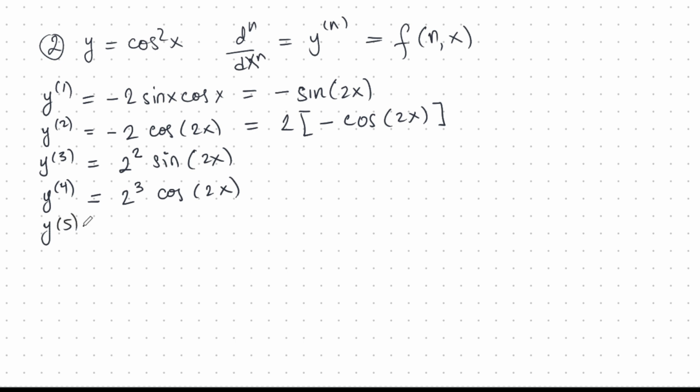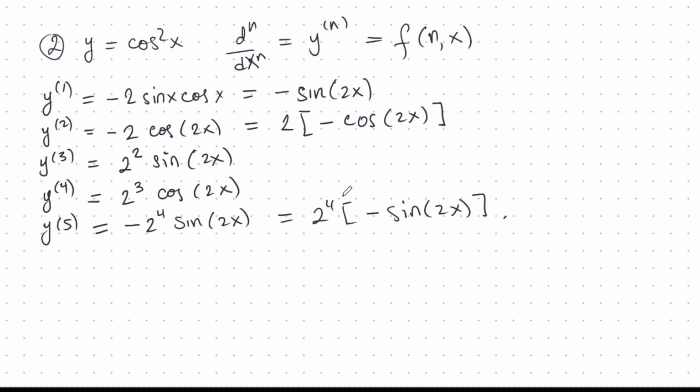And let's do one more. The fifth derivative. The derivative of cos is minus sine, so 2 power 4 times minus sine 2x, and I'll write it in a special way, 2 power 4 minus sine 2x, like this.